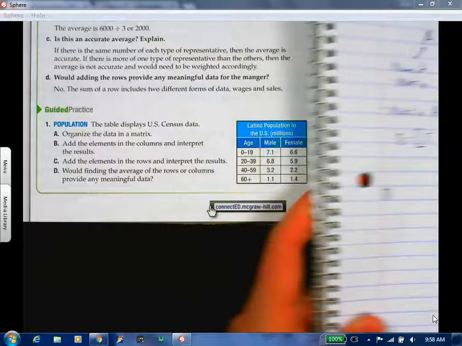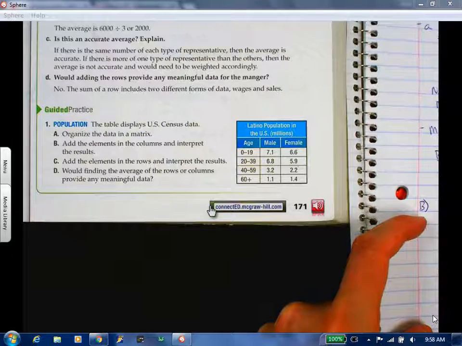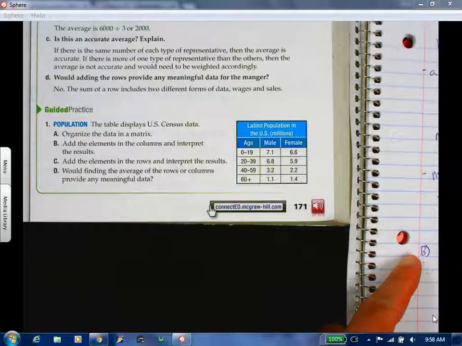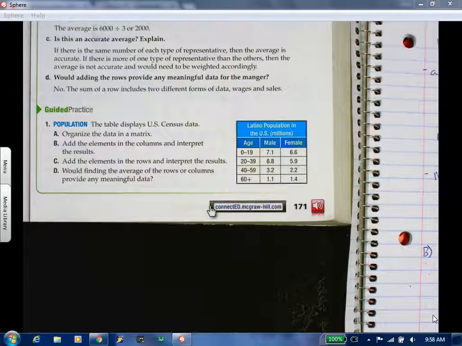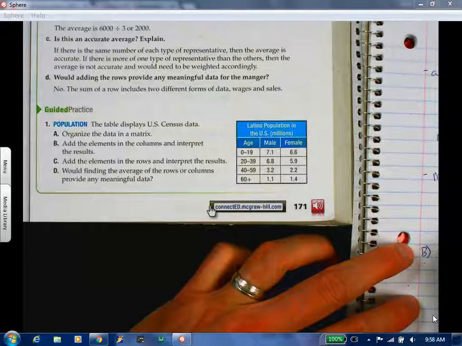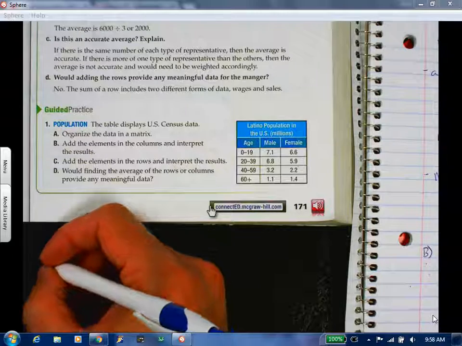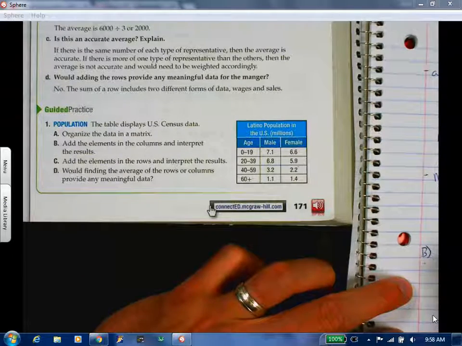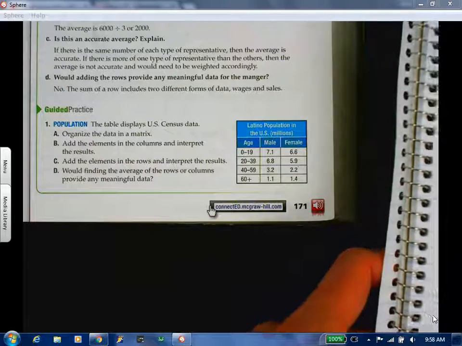I'm going to present my answer in a matrix. My answer would be a 1 by 2 matrix now. So, good question.